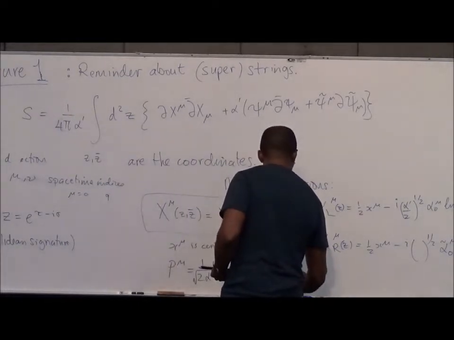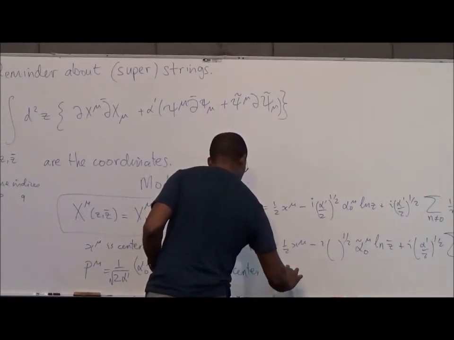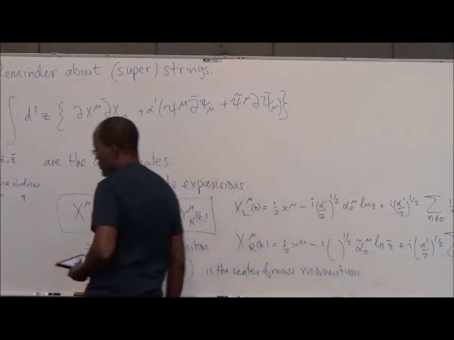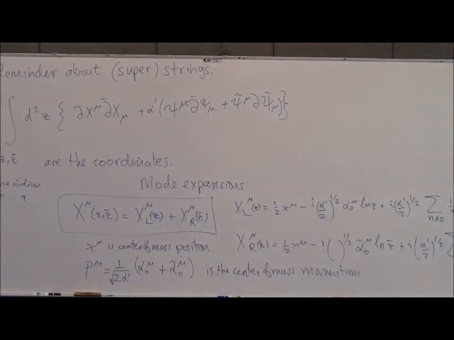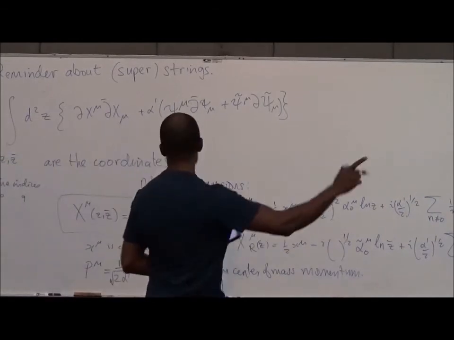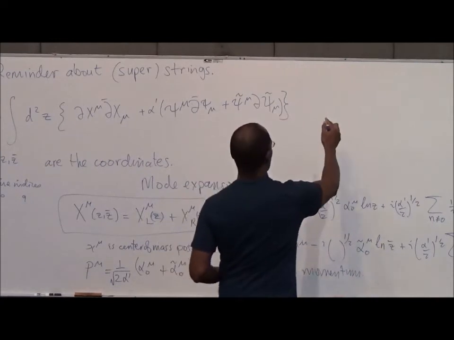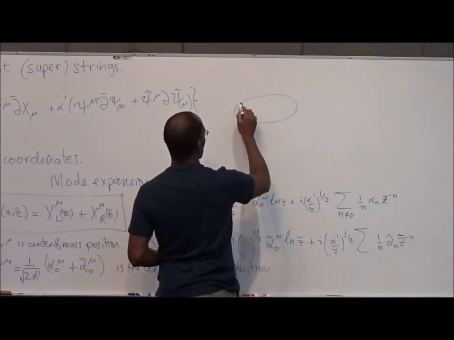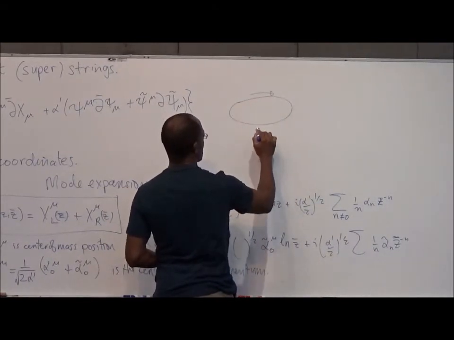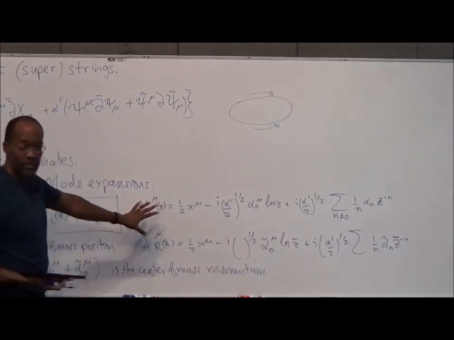Now, when I'm doing a closed string, I have in mind the following picture. When I have in mind a closed string, what I should think of is that I have independent sectors. I have a left moving sector and a right moving sector, and they're completely independent of each other.